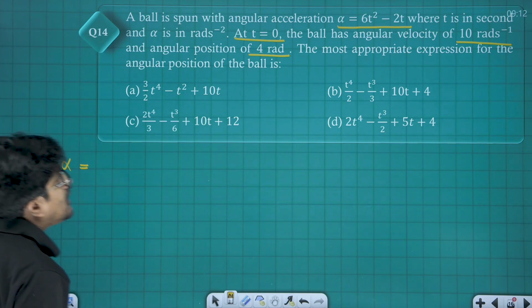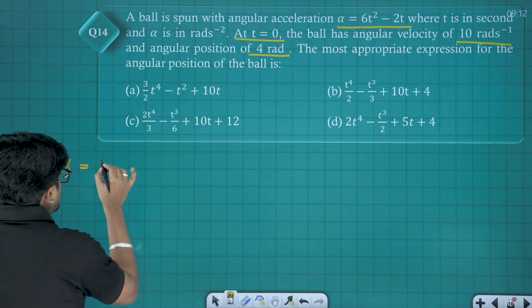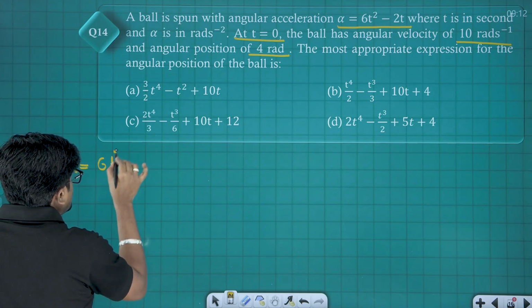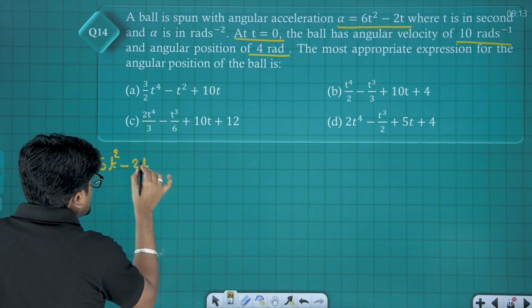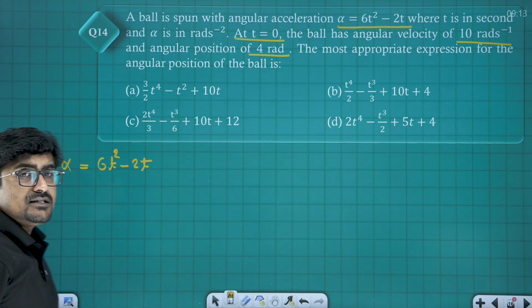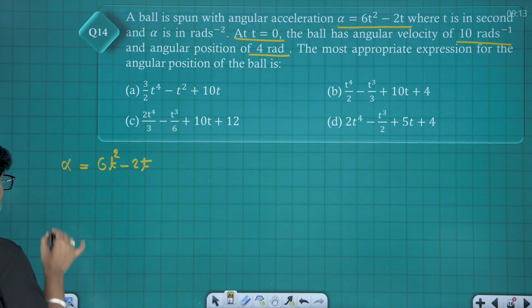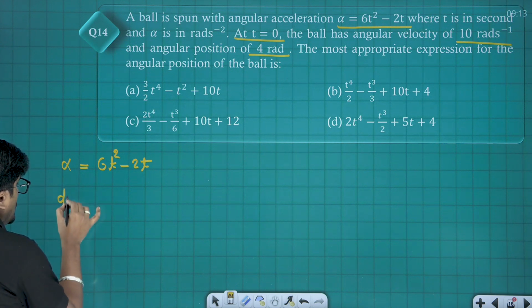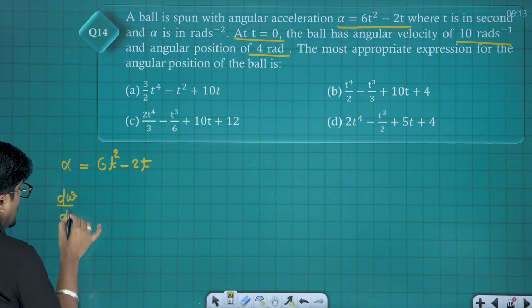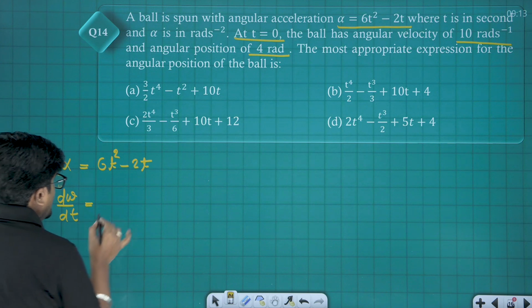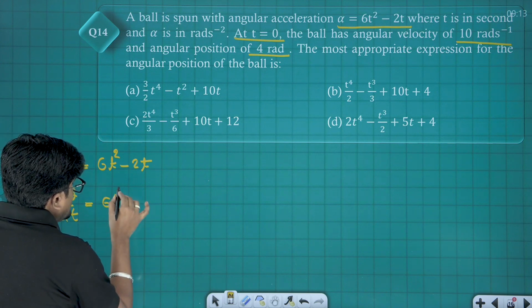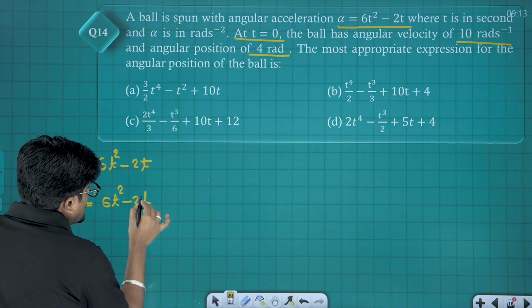Now we are provided with the expression for alpha as alpha equals 6t square minus 2 times t. This is the expression for alpha, and we know that alpha is equal to d omega by dt. So d omega by dt can be written as 6t square minus 2 times t.